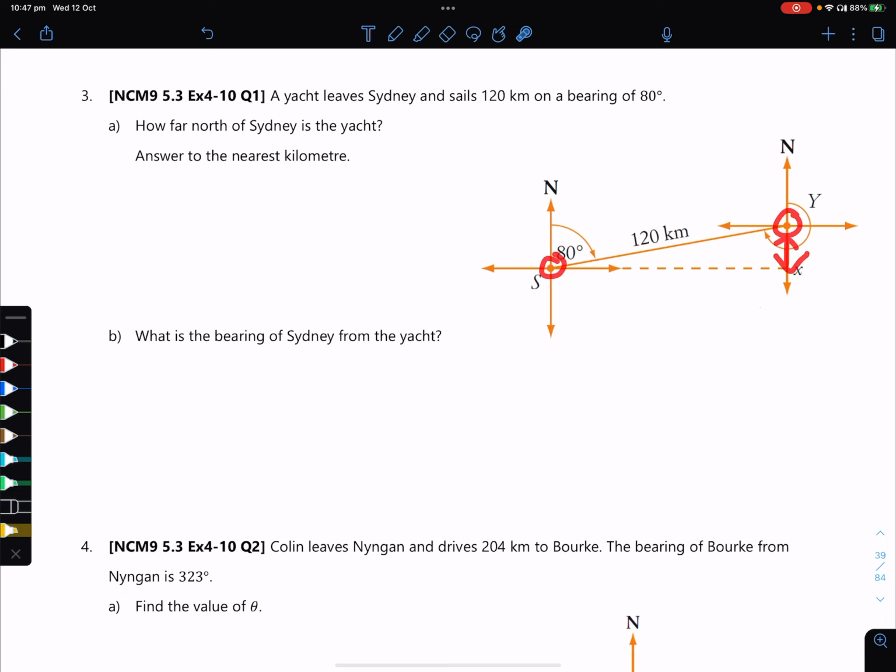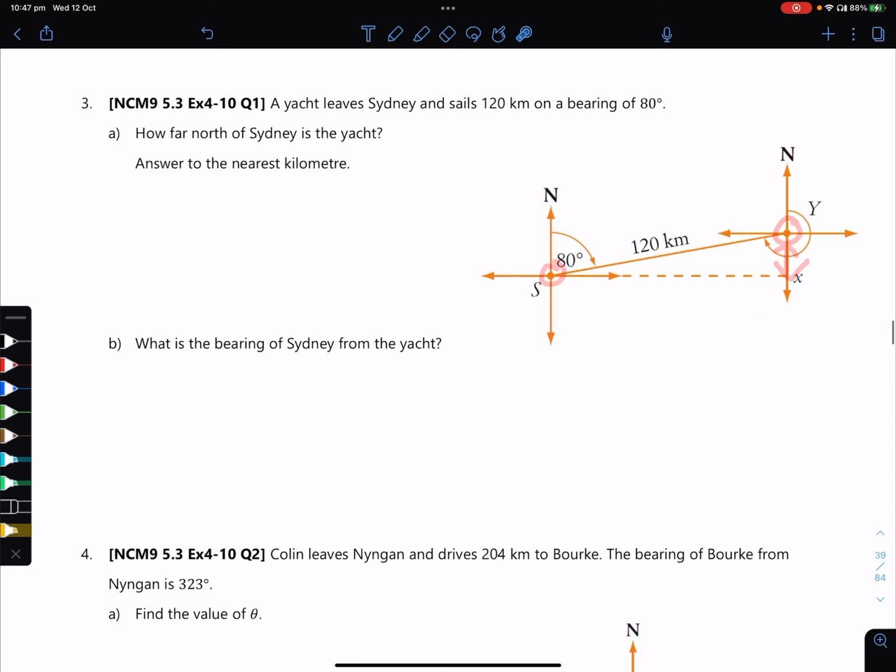So look at vertical distance, and so we don't have an angle inside the triangle. We're going to find one by simply getting 90 minus this angle, which is 80, to get that 10. Opposite this is our x value over the hypotenuse, which is 120. So we've got opposite and hypotenuse, which means we have to use the sine ratio to relate those two.